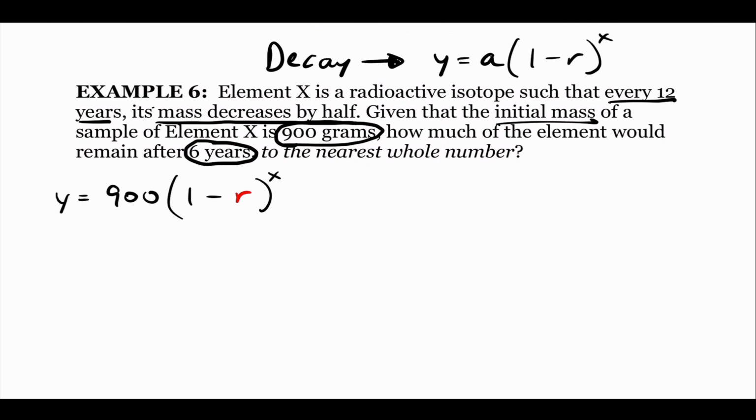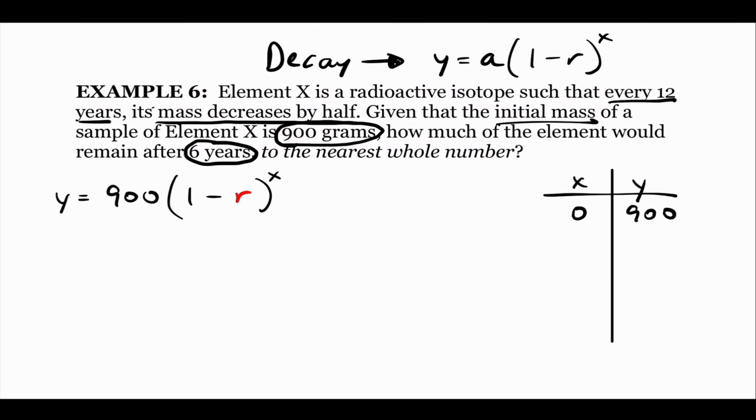Well, first thing I'm going to do is make a table to show exactly what I know. X is the time, and Y is grams, right? Y is the mass. So I know that it says 900, right? At what year is it going to be 900 grams?